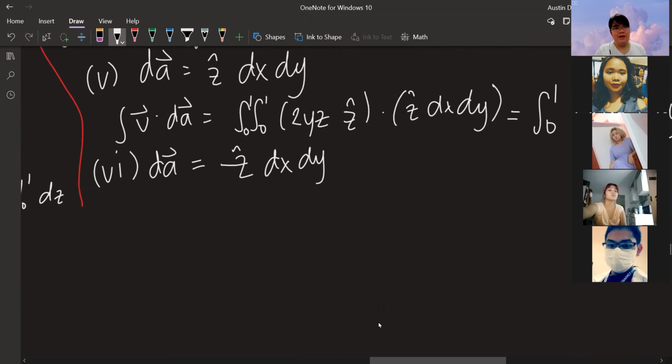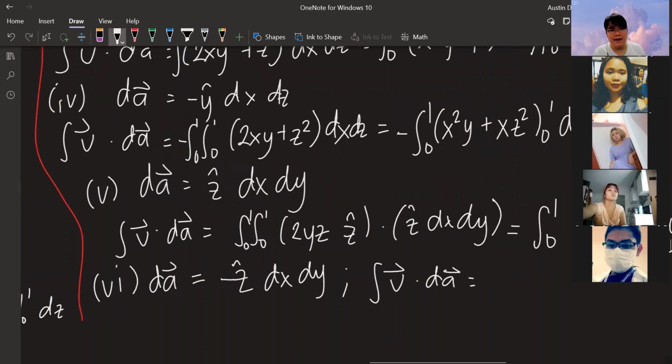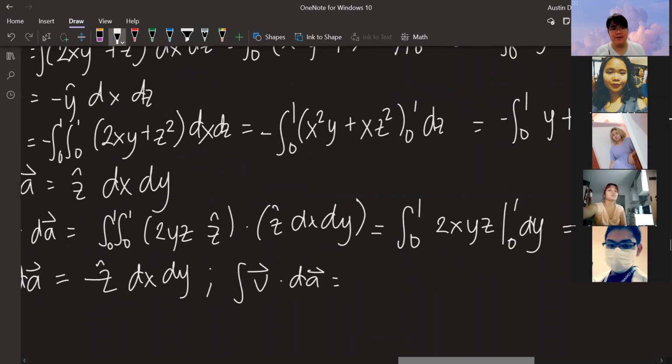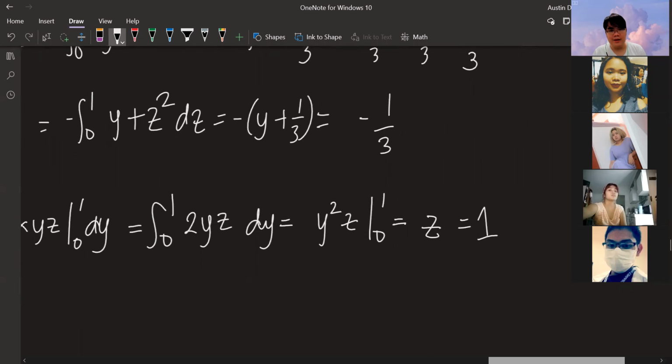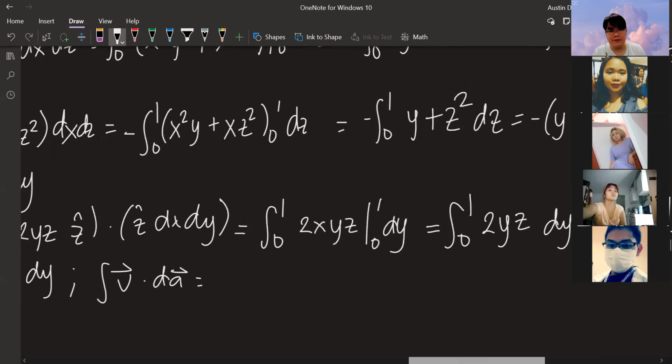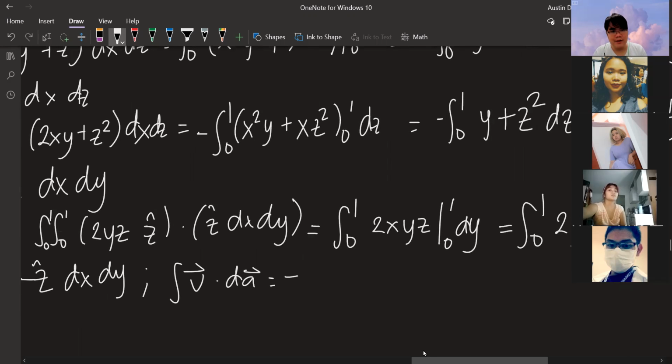So, we skip the process. So, ayan, dA. I would say that yung final ko will be this one, but negative. So, negative z. Then, I'll evaluate it kung nasaan yung z mo.